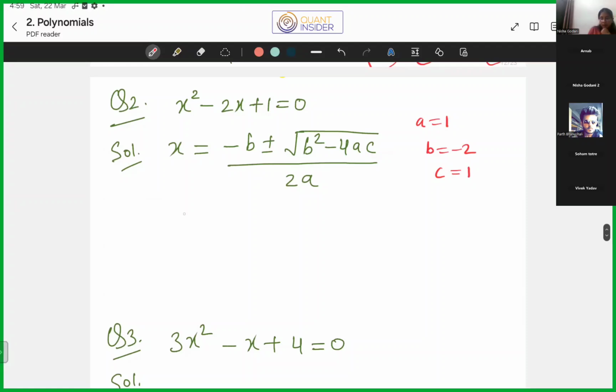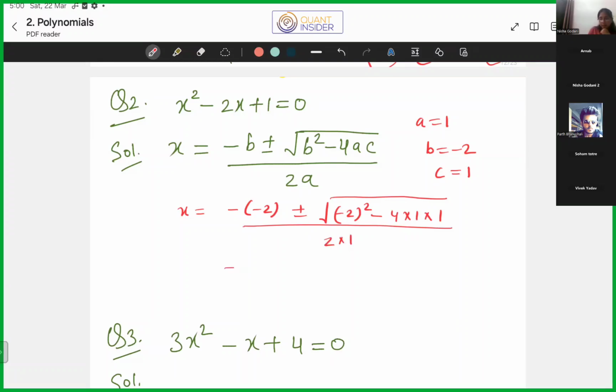So you have x equal to minus of minus 2 plus minus square root of minus 2 whole square minus 4 into 1 into 1, upon 2 into 1 in the denominator. So this is 2 plus minus under root 0 upon 2. So you have 2 plus 0 upon 2 and 2 minus 0 upon 2, which is 1, 1.